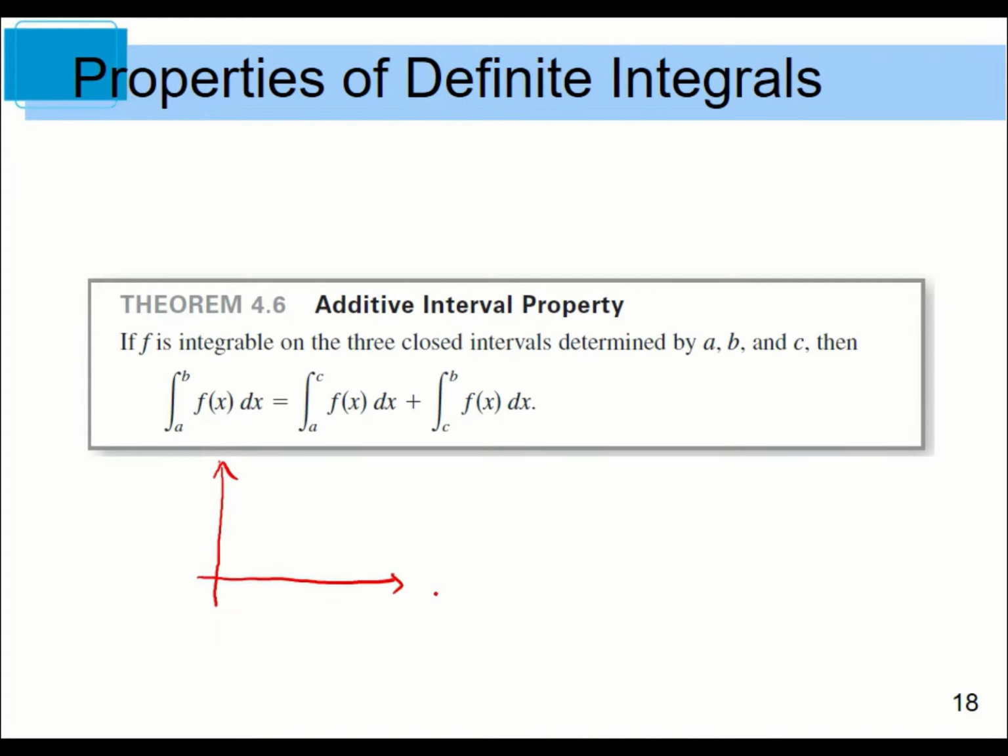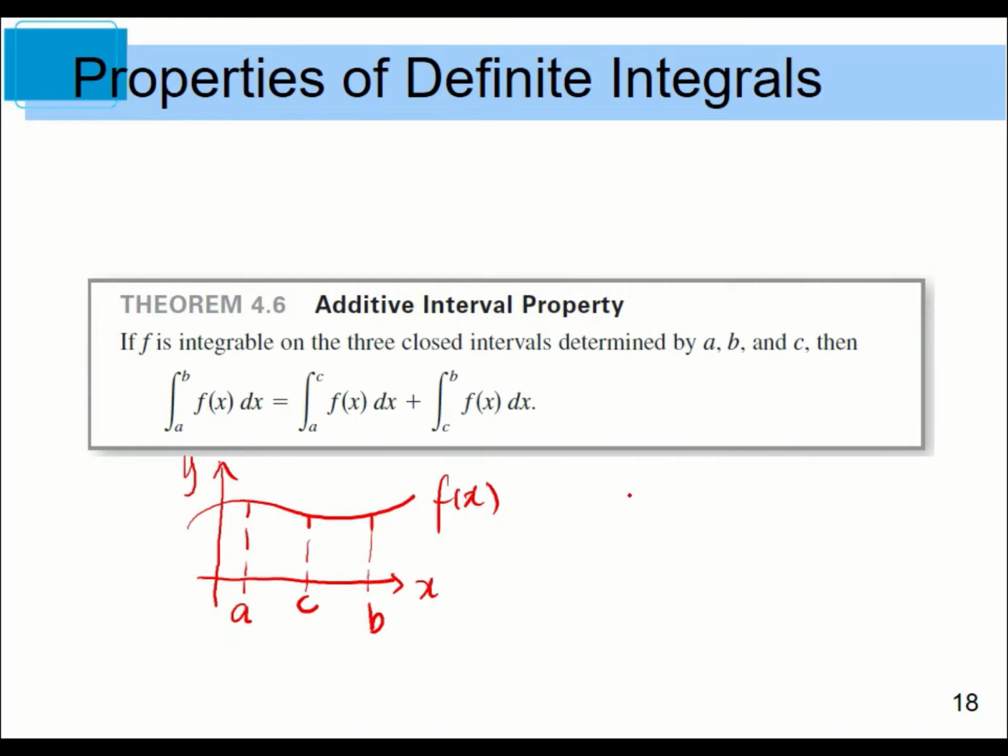Let's say we have this function, function f. Let's say this value is a, this value is b, and there is a value c in between.